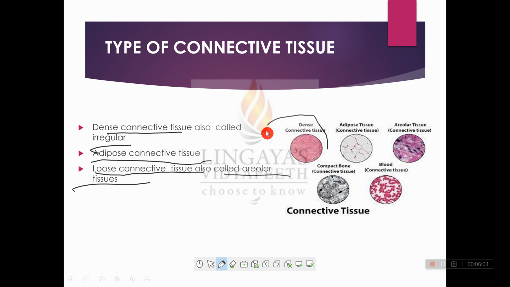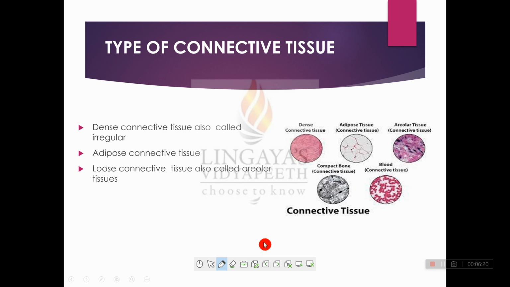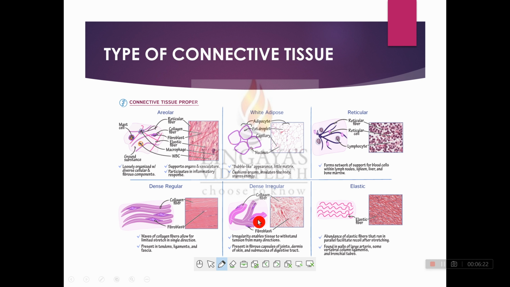Here in this picture we have described the different structures of these tissues. Compact bone is also a connective tissue and blood is also a form of connective tissue. So these are examples of the connective tissue found in the human body. Let's focus on the types of connective tissues in detail.